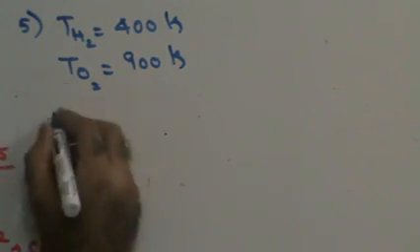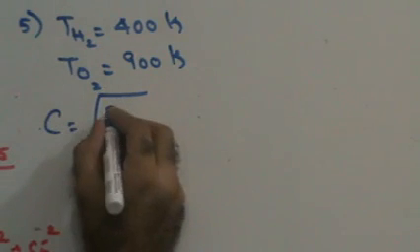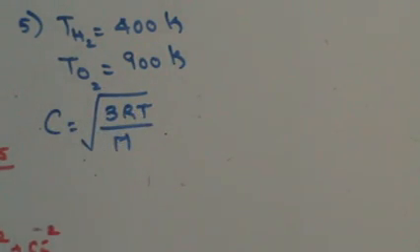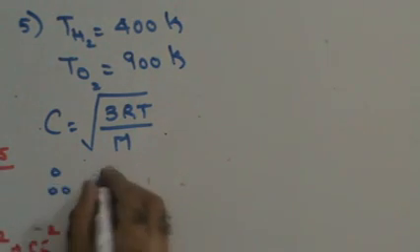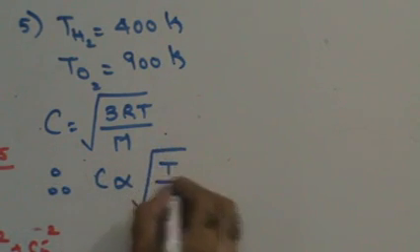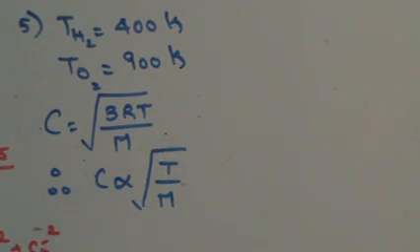Now RMS velocity is also equal to square root of 3RT upon m, right? Therefore I can say that RMS velocity is directly proportional to square root of T upon m, right?